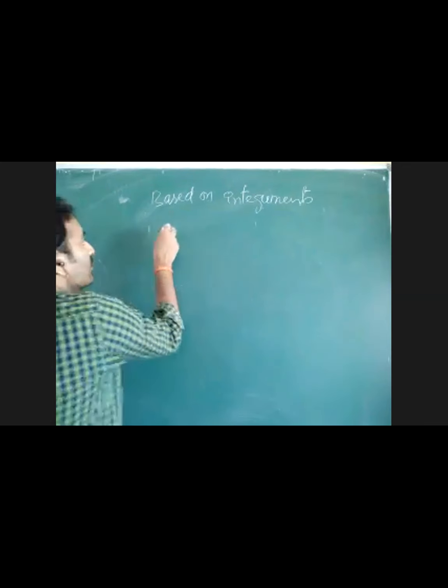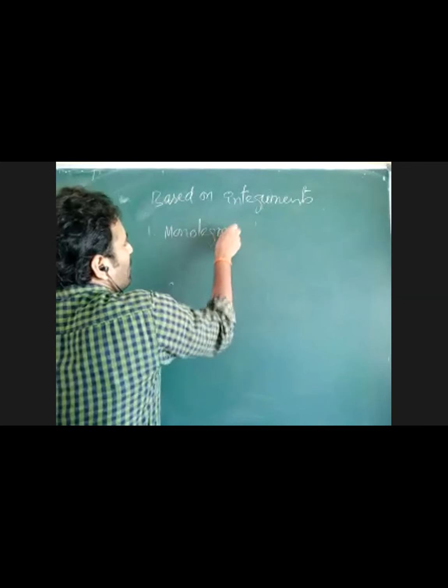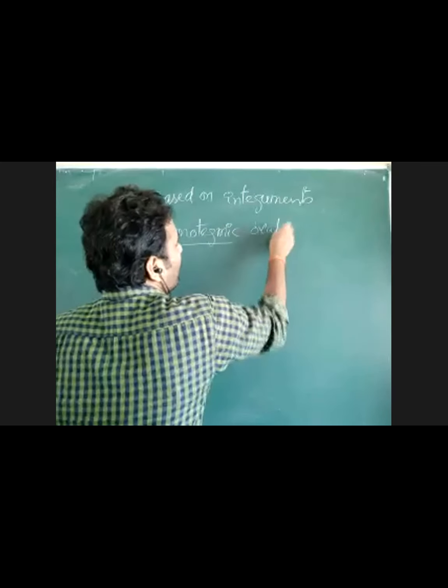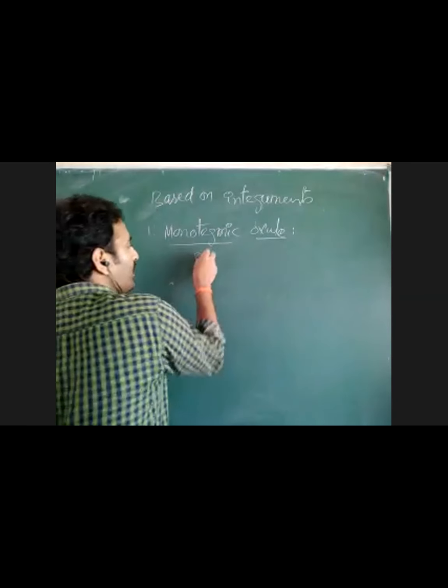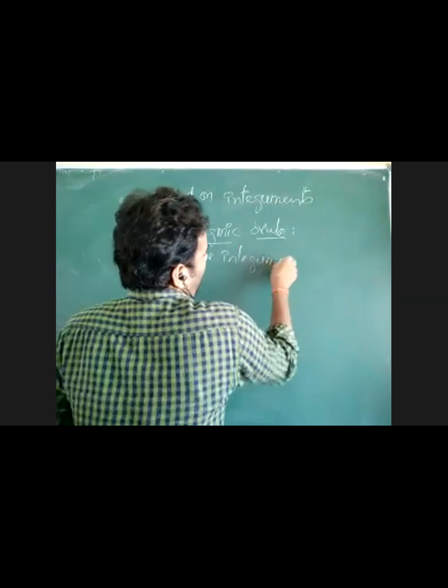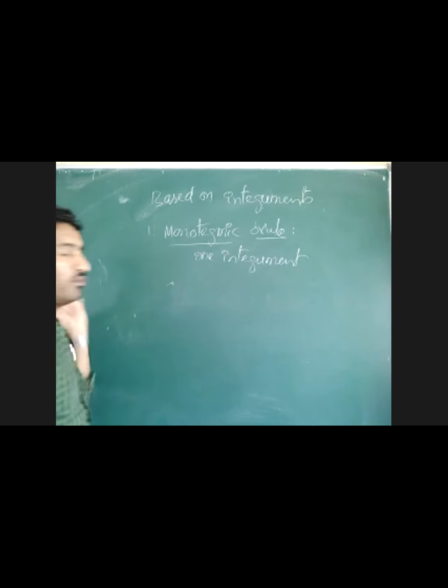One is monotegmic ovule. Monotegmic ovule means the ovule has only one integument. If an ovule has a single integument around that embryo sac or nucellus, then it is called monotegmic ovule.